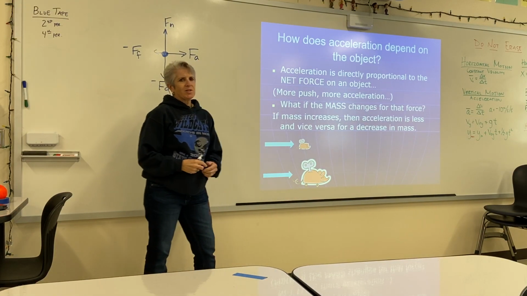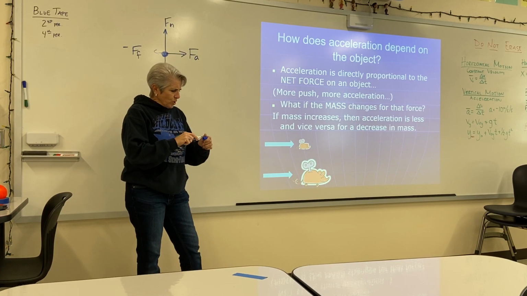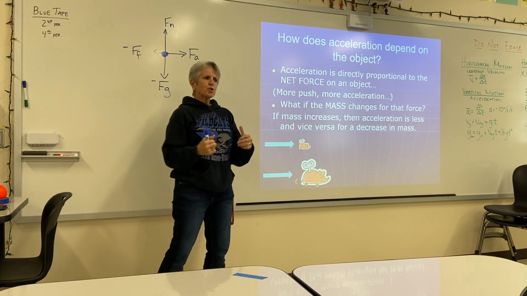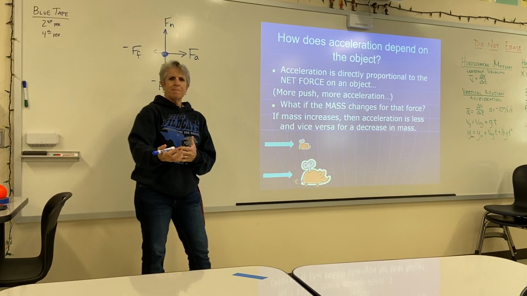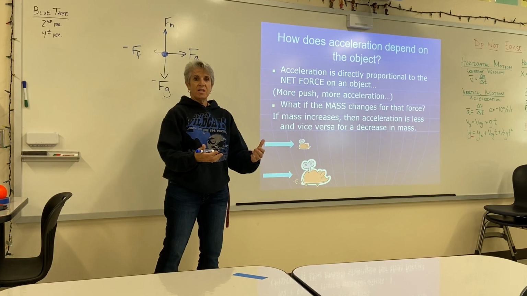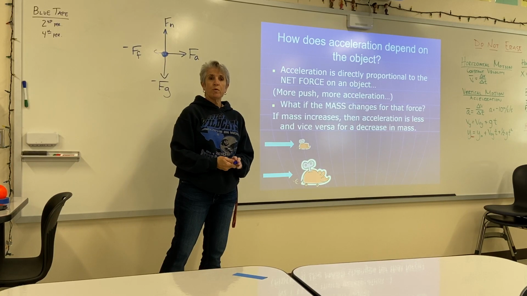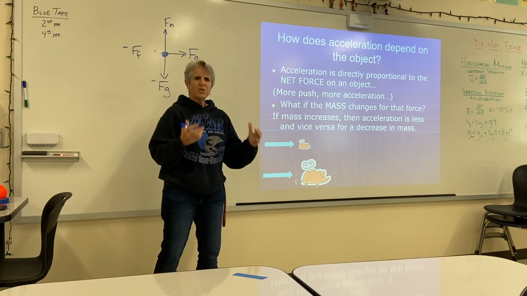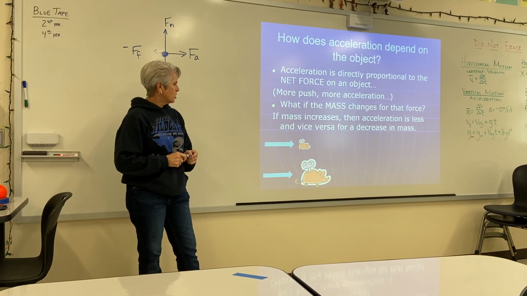But what about mass? We talked about inertia. Inertia is related to mass. If something has more inertia, it has more tendency to keep on doing what it was doing before. It really wants to resist changes in its motion.